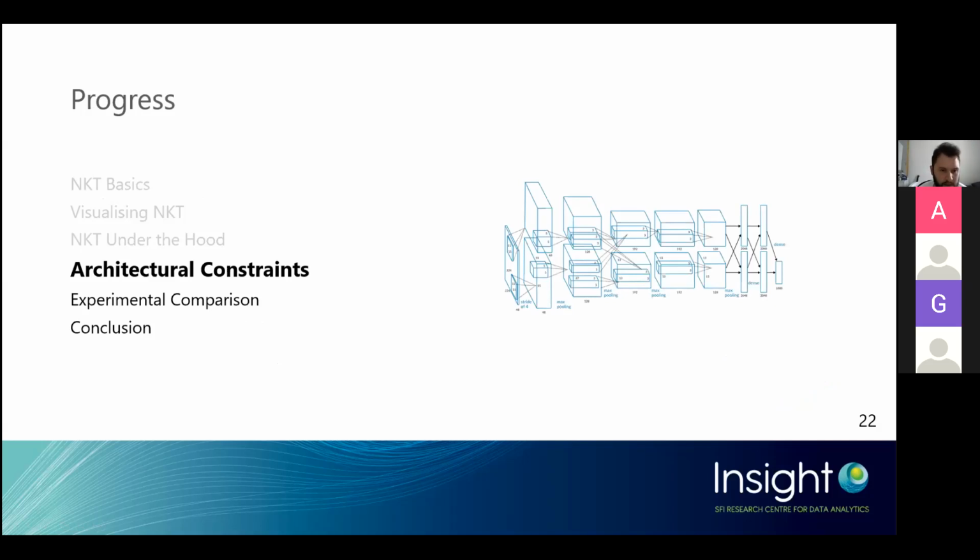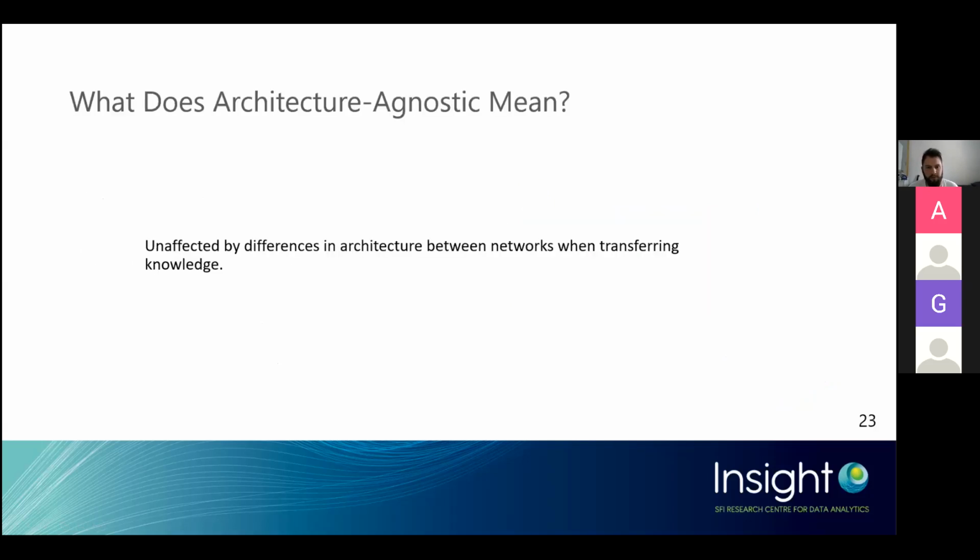So then to look at some of the architectural constraints that are induced by these methods. When we say architecture-agnostic neural knowledge transfer, what we really mean is that we want to move towards knowledge transfer methods that work in every scenario, so that they're not heavily affected by differences in the architecture between your teacher and your student.